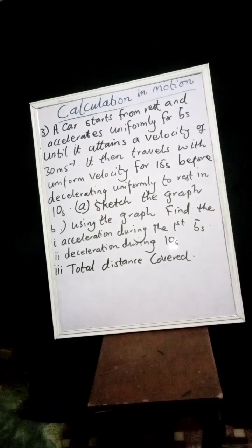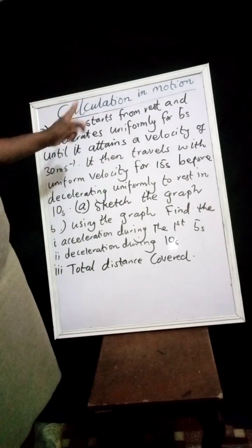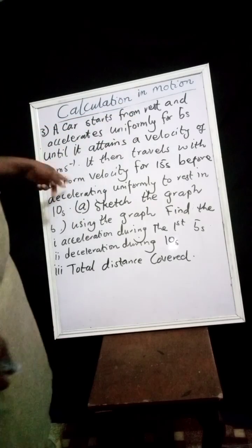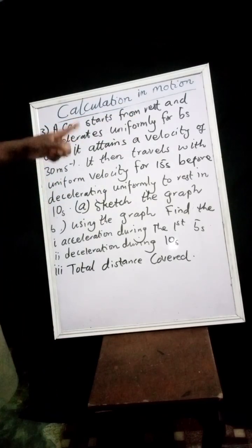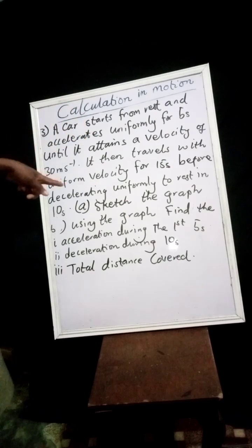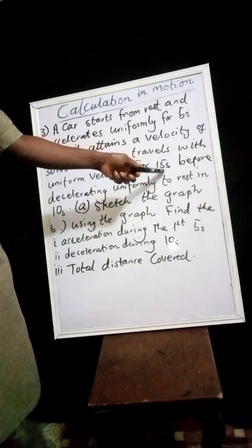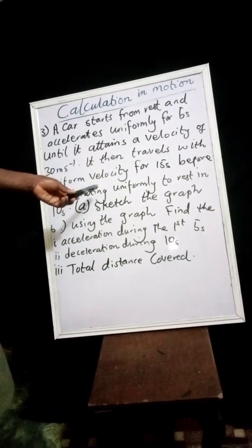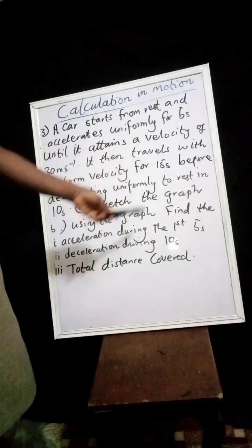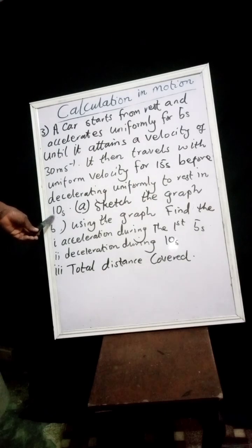Now, let's look at question number 3. A car starts from rest and accelerates uniformly for 5 seconds until it attains a velocity of 30 meters per second. It then travels with uniform velocity for 15 seconds before decelerating uniformly to rest in 10 seconds.